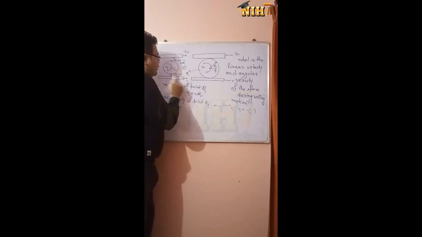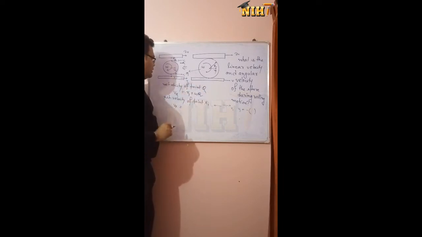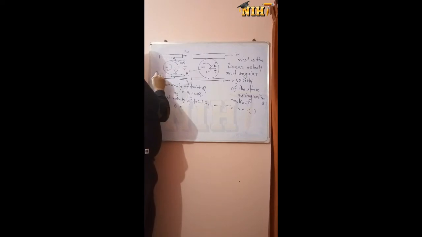So you know that according to the concept, this point will also have the same velocity v1 in the same direction, and there will be an additional tangential velocity because of the rotational motion, that is omega r. But v1 and omega r in this case both are in opposite direction.